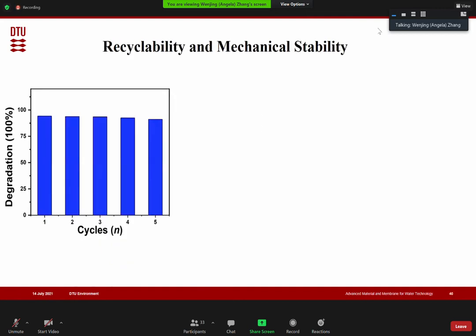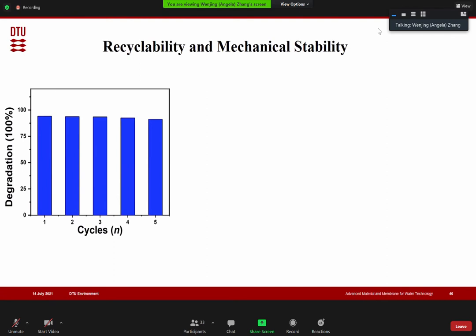The other question people often ask is, can you recycle it? And what about the mechanical stability? We did this for 5 cycles, and we couldn't see any deterioration of the performance.